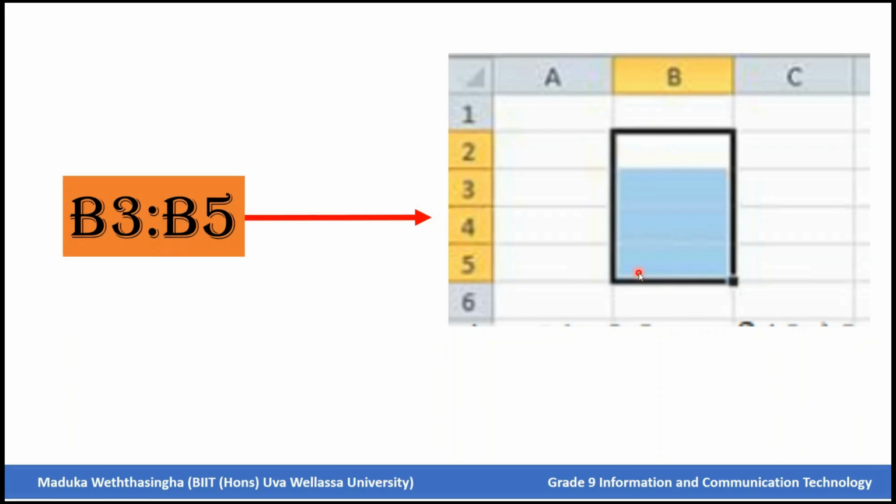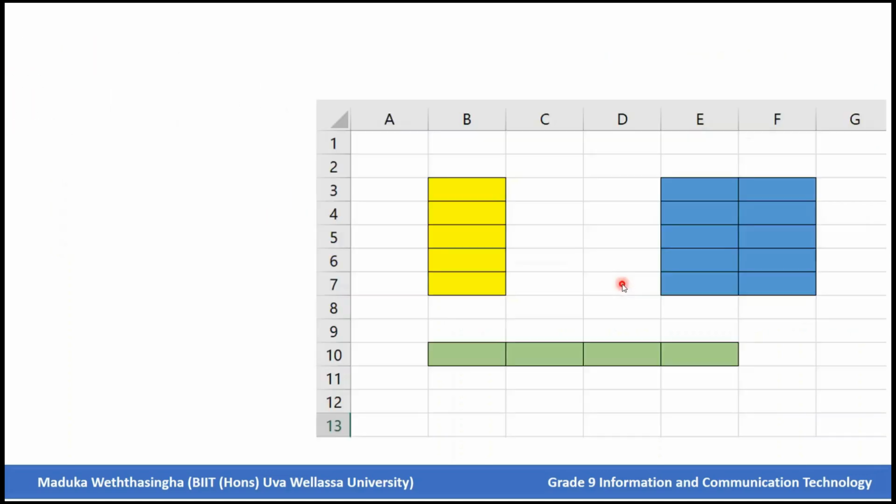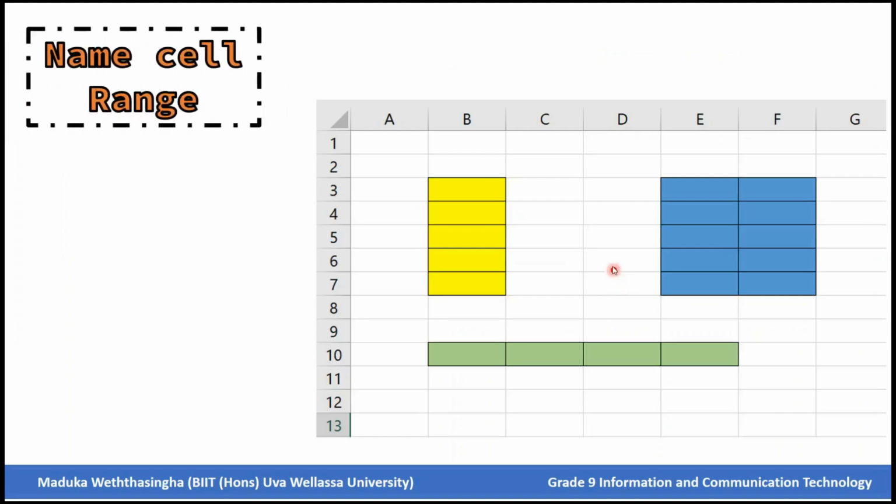B2 to B5, B2 colon B5. This is naming a cell range. Now this is your chance. You have to identify the cell range.